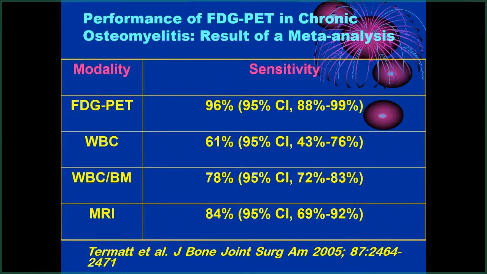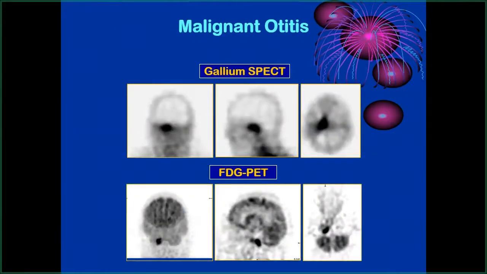So this really has been a great application of FDG-PET that will have major impact on management of patients with chronic or acute osteomyelitis. This is just an example of our early work when we compare SPECT gallium with FDG-PET.